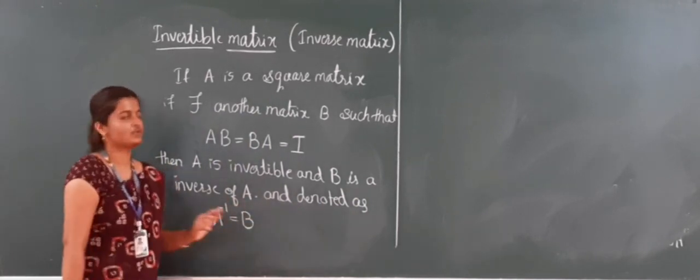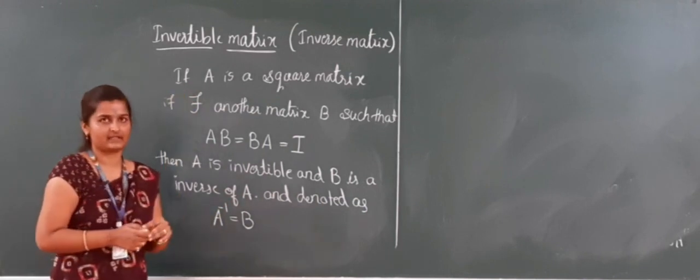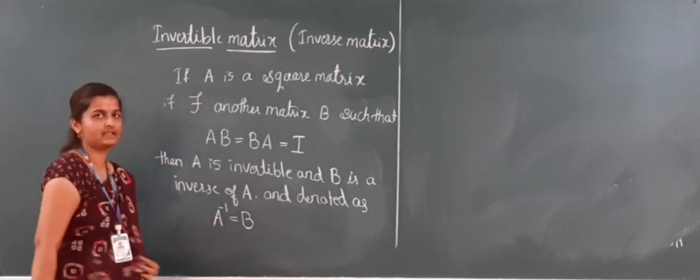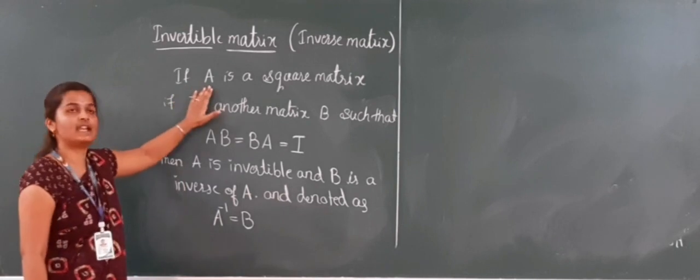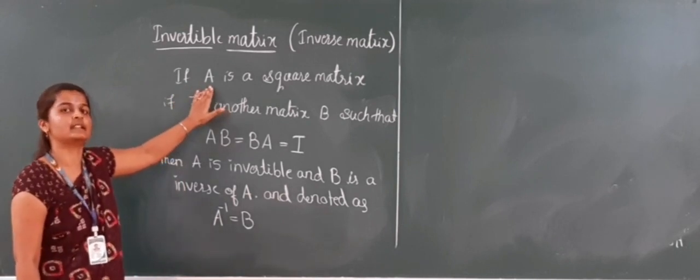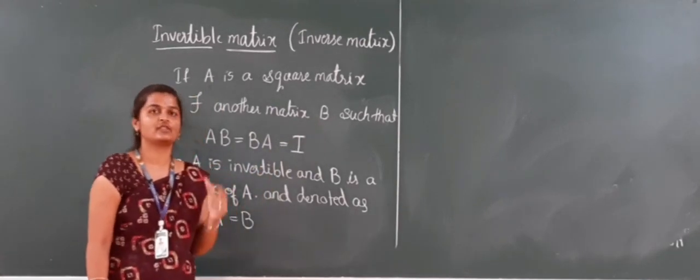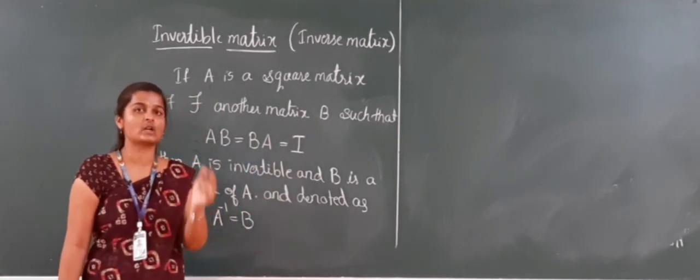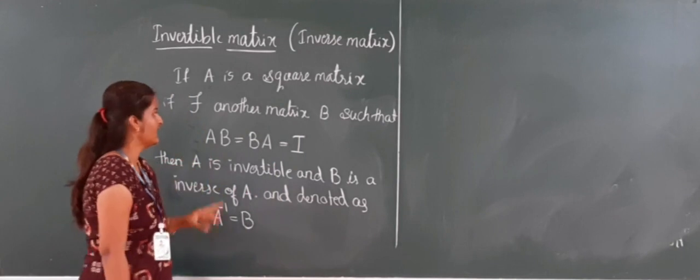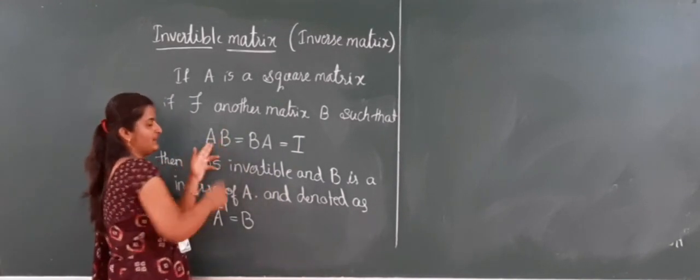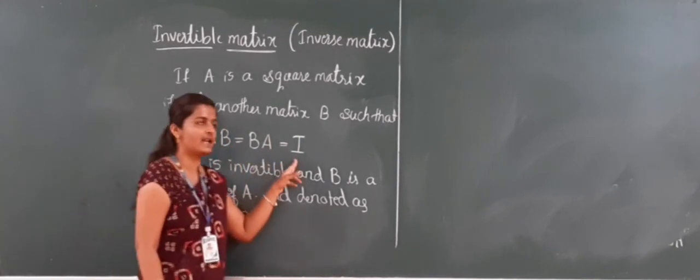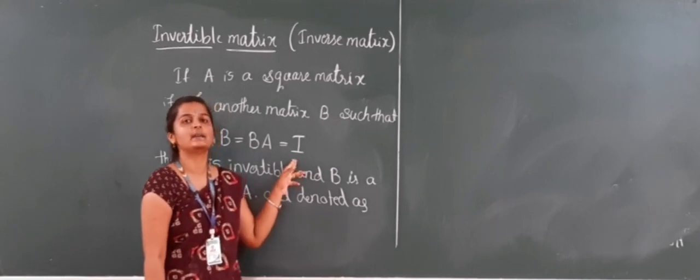Okay, so see here, if A is a square matrix, and I want to say that A is an invertible matrix, then there is a condition that there must exist another matrix B, such that after multiplying A and B, you have to get I. What do you mean by I? Identity matrix.